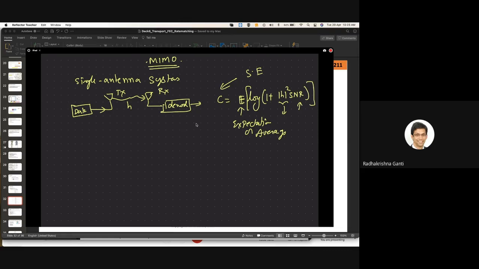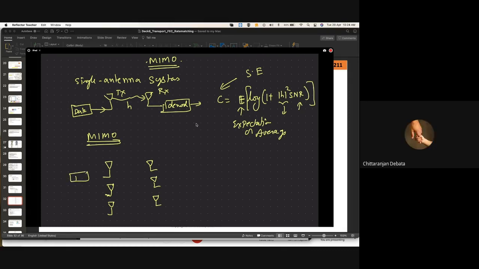So the question is now how can you increase your capacity without worrying about the SNR. This is where MIMO comes into the picture. What you do is you have multiple transmit antennas and multiple receive antennas.